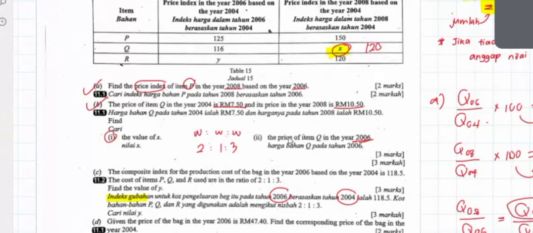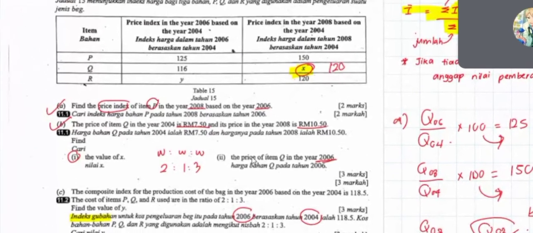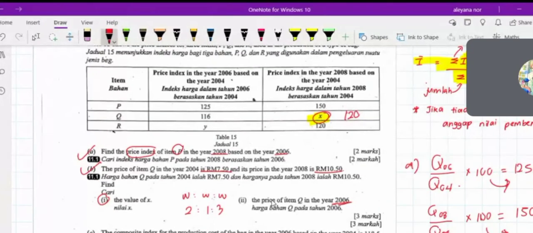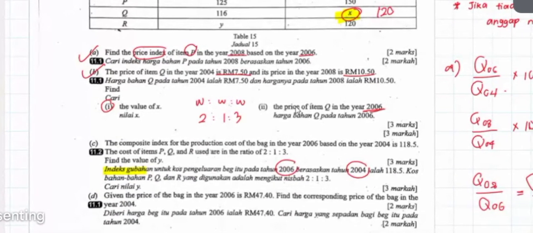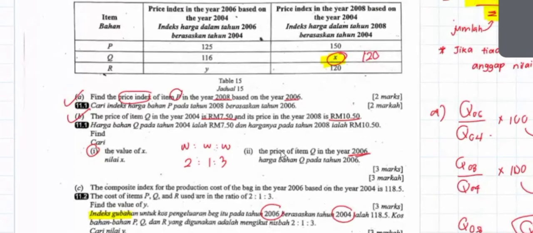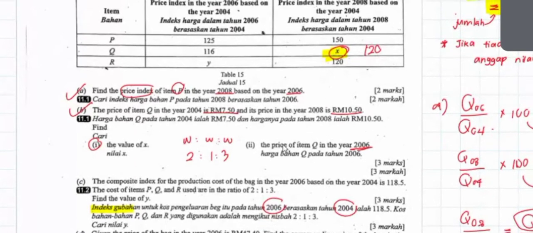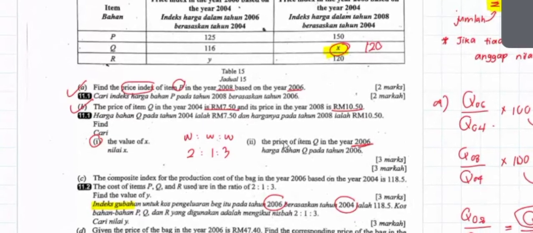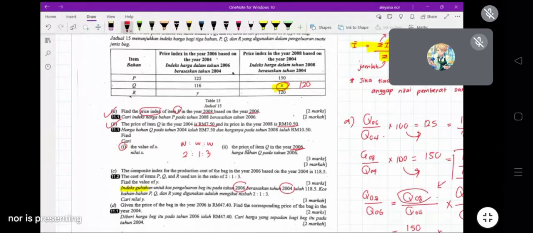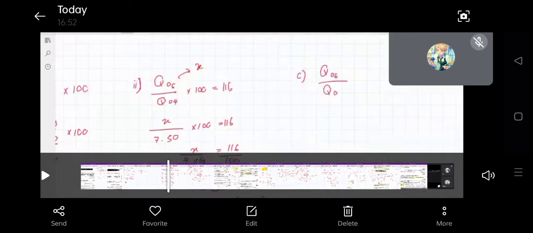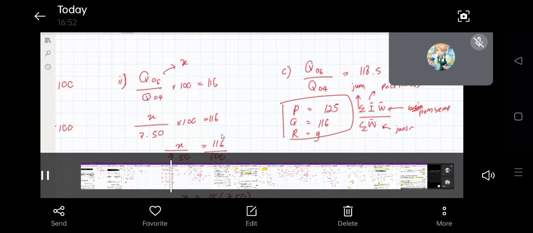This weightage you darabkan together with this. So 2 equals P, so it's 125 darab dengan 2, and 1 equals Q, so it's 116 darab dengan 1, and R is Y darab dengan 3.